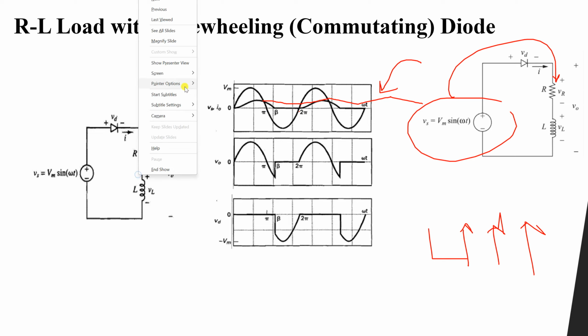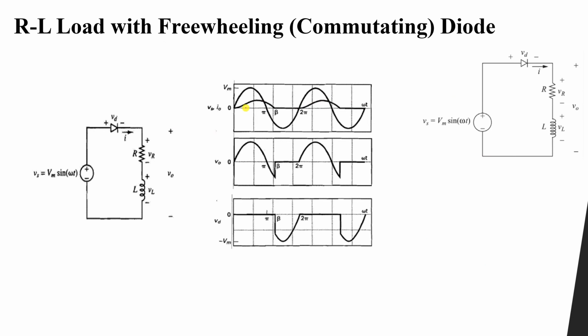However, in the first case, we had a discontinuous waveform: the current becomes 0, then charges again, then 0. So this is a discontinuous waveform. The continuous or discontinuous waveform depends on the values of inductance and resistance, especially the inductance.